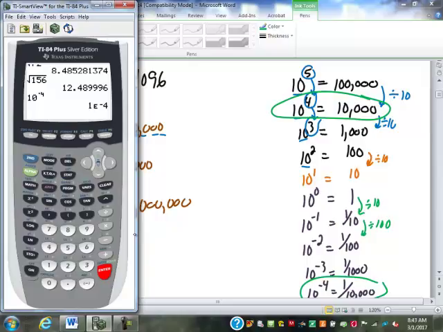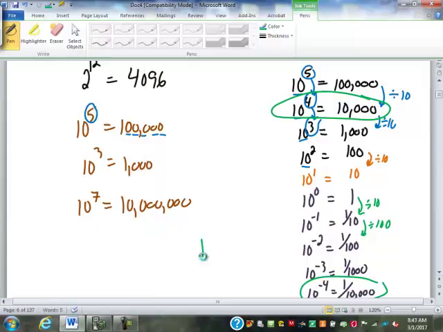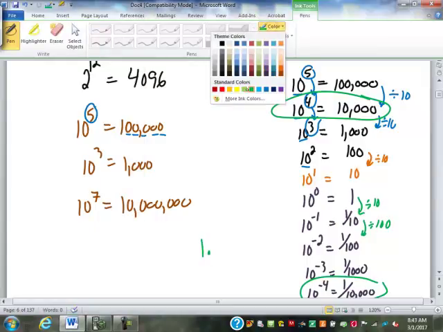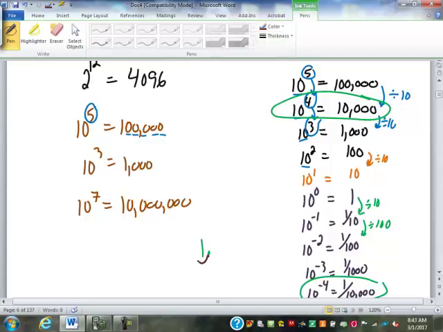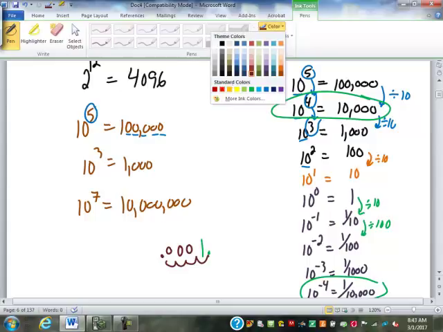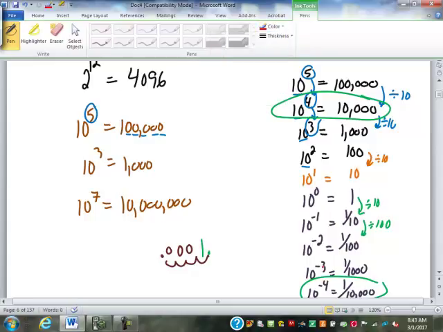That's 1e negative 4, which is saying you take your decimal point here, that's after the 1, and the negative 4 means you have to move it over 4 spots, which is the 10,000ths place. So the negative powers are not the number of zeros, the negative powers are the number of decimal places. So 10 to the negative 4, that 1 is in the 4th decimal place.